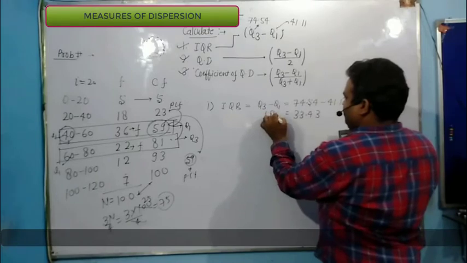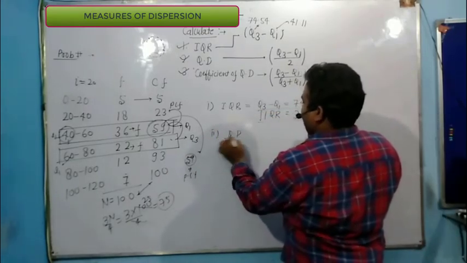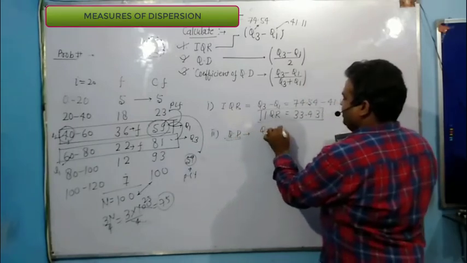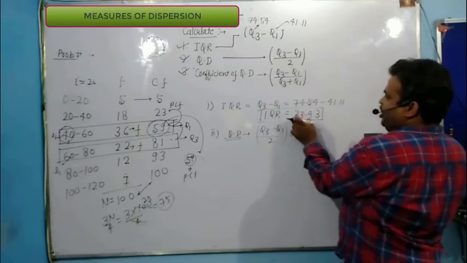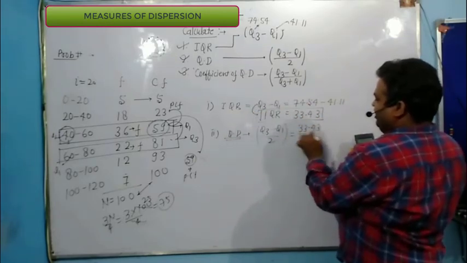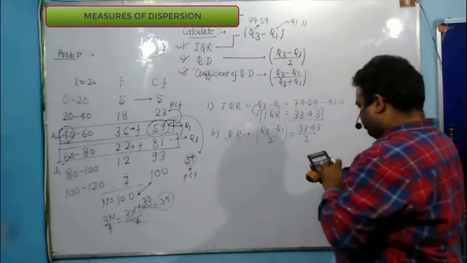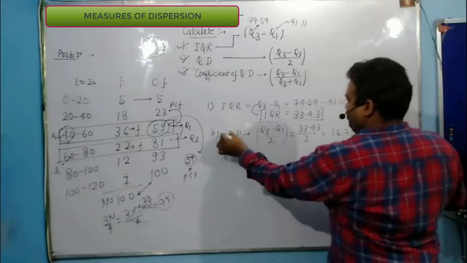This is the interquartile range. The second parameter is quartile deviation, whose formula is Q3 minus Q1 divided by 2. I already calculated Q3 minus Q1, so I divide this value by 2 and get 16.715. This is your quartile deviation.